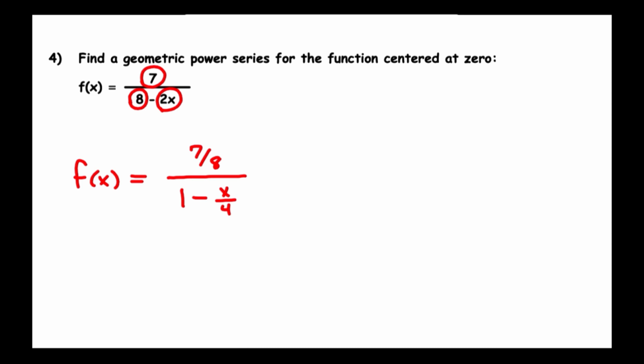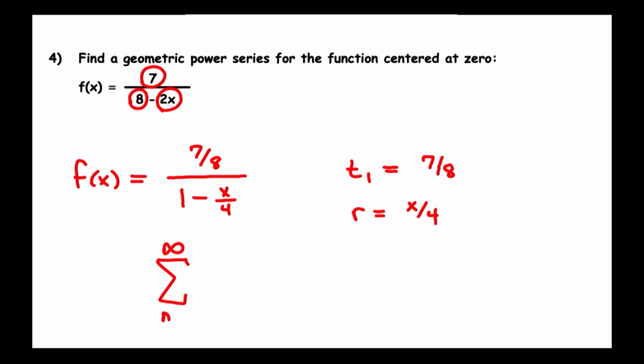We know what term 1 is. It's 7/8. We know what r is. It's x over 4. All right, we're ready to write our answer. We're going to do the summation, obviously infinity up on the top.